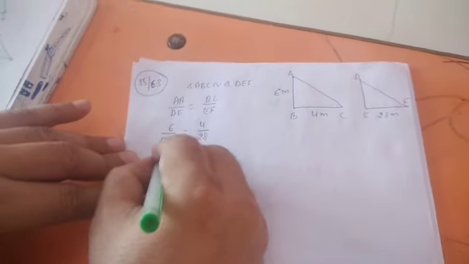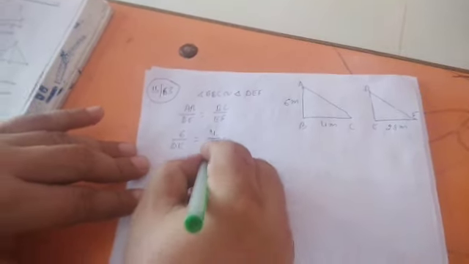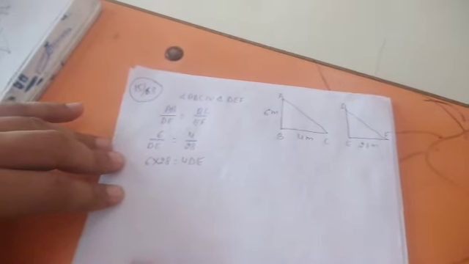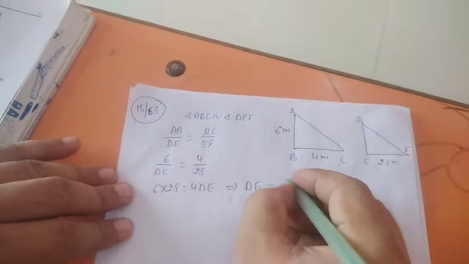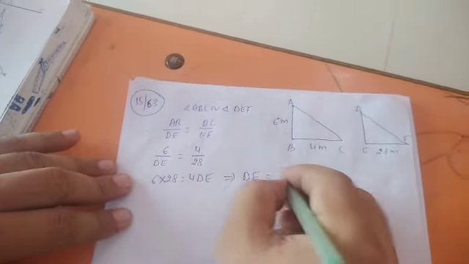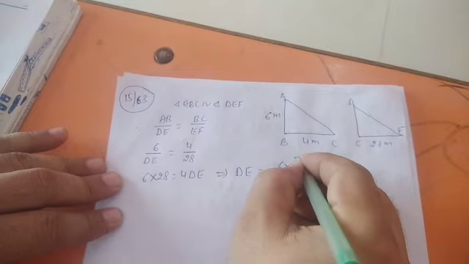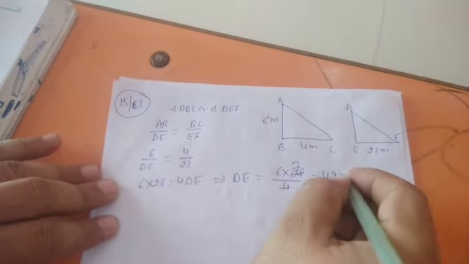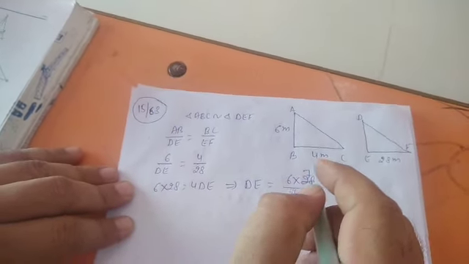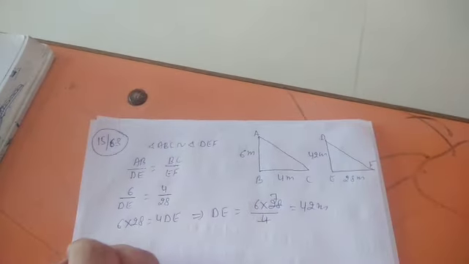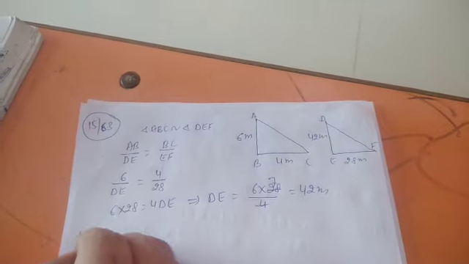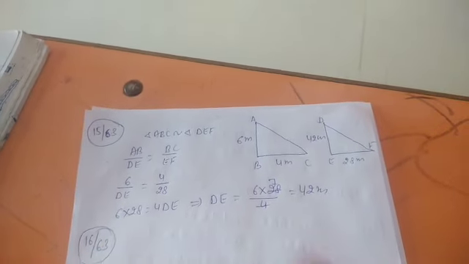Cross multiplication, 6 into 28 is equal to 4 DE. Remaining you can find out easily. So this implies DE is equal to 6 into 28 by 4. 4 7s are 28, it means 42 meter. Find the height of the tower. So what's the height of the tower? 42 meters.